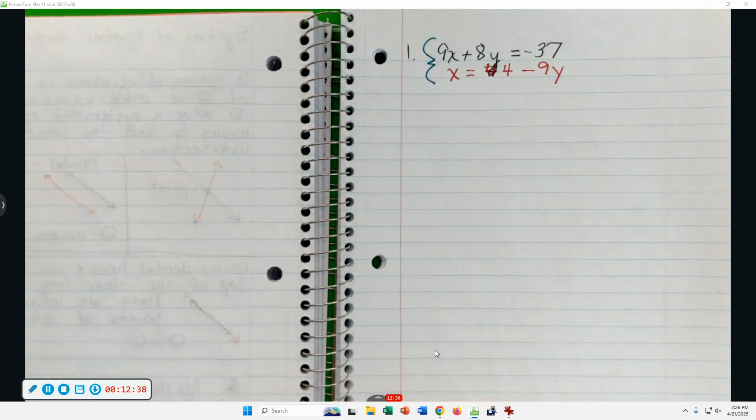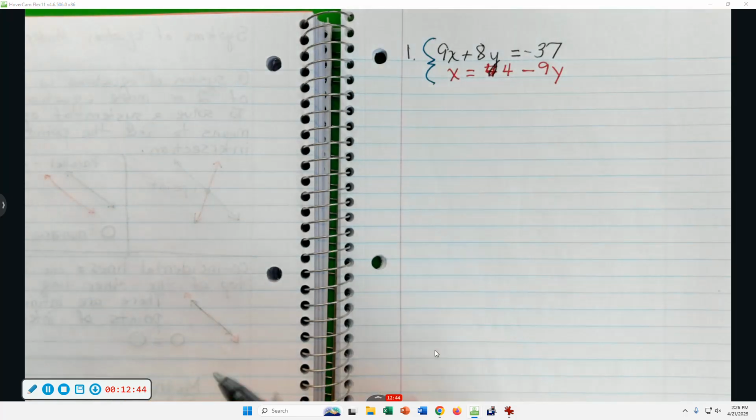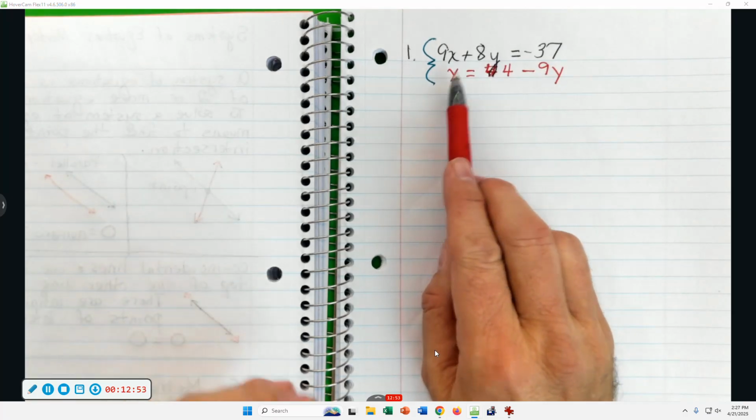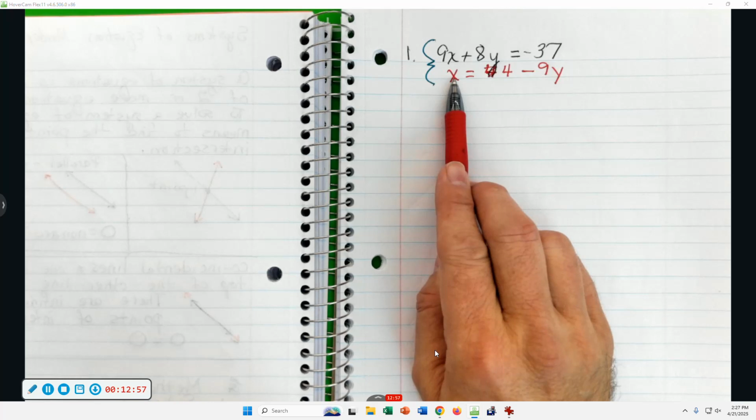We want to write just one equation. With the substitution method, you have to have one of the variables isolated. We have that. And now plug in or substitute into the other.